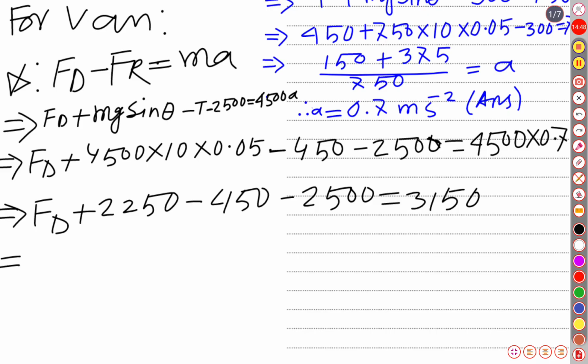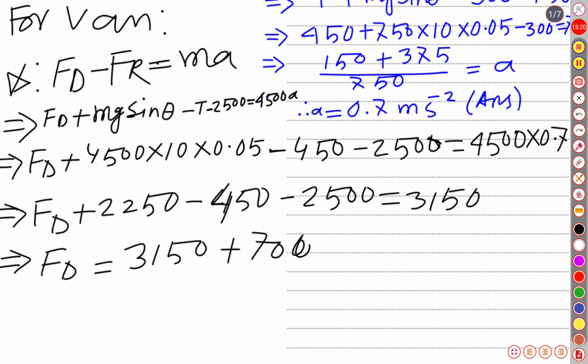So simply now we can write our driving force is equal to 3150 plus, from 2250 minus 450 minus 2500, that is minus 700.